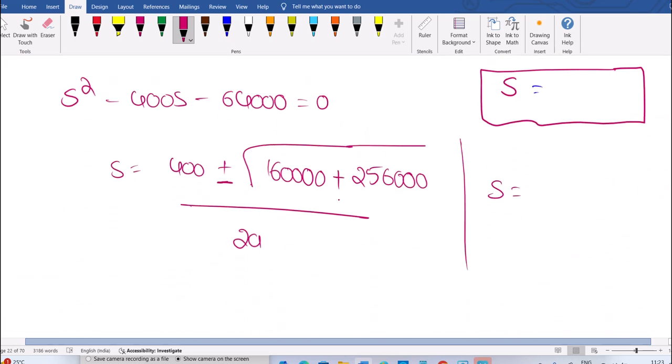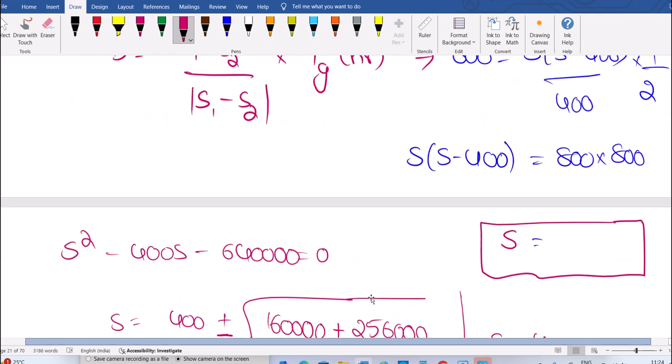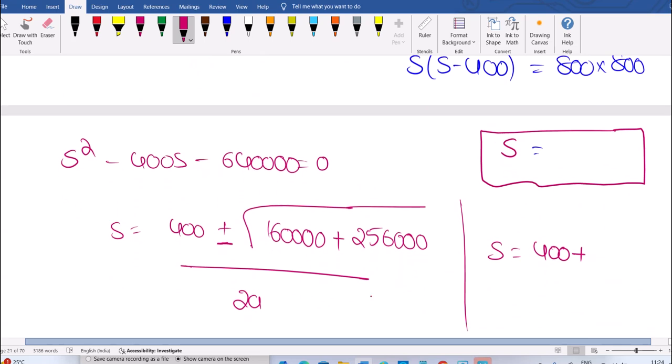Okay, so 400 plus 6 lakhs 40,000. Okay, I wrote it. Sorry, perfect. So then there will be one more zero extra here. Perfect.